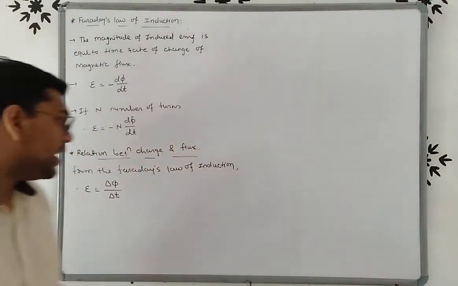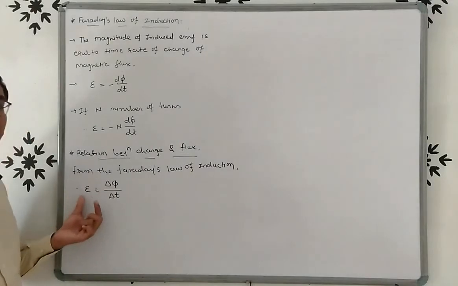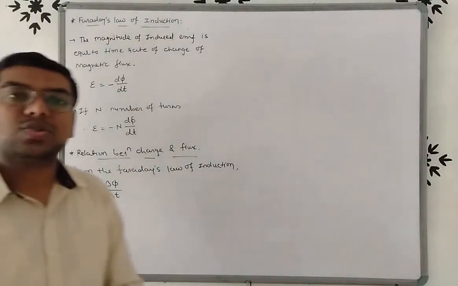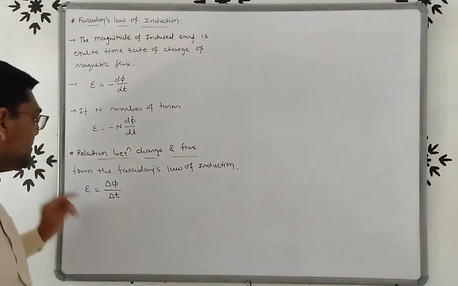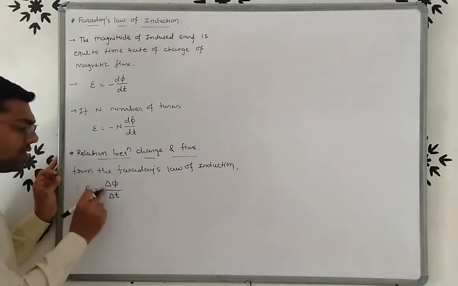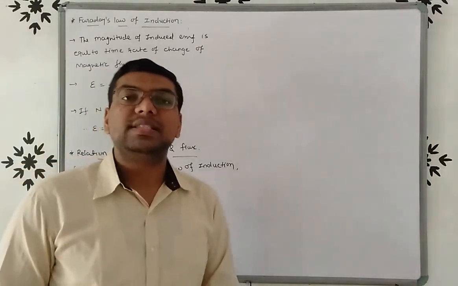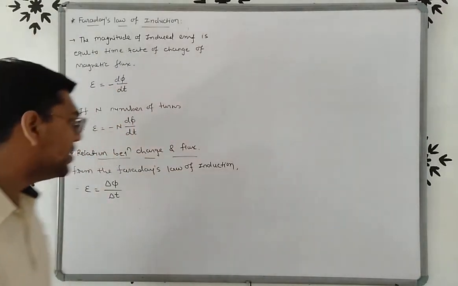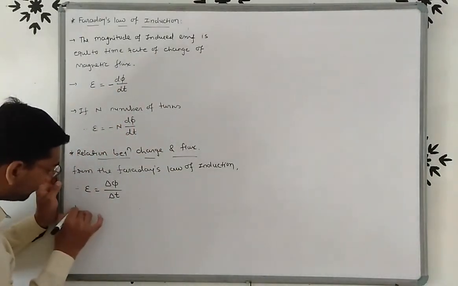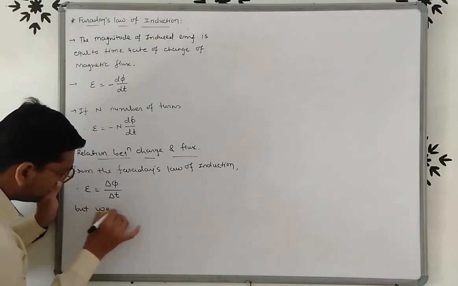Here we take the magnitude of induced EMF. So the equation will be EMF E equals delta phi by delta t. But we know that EMF E equals IR, right?